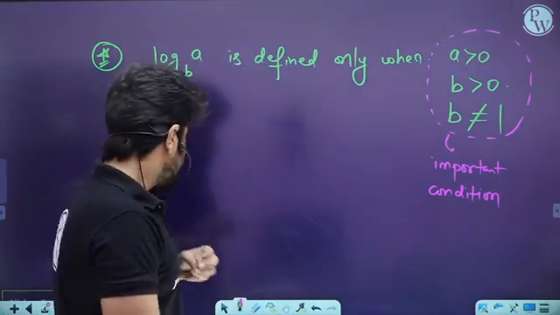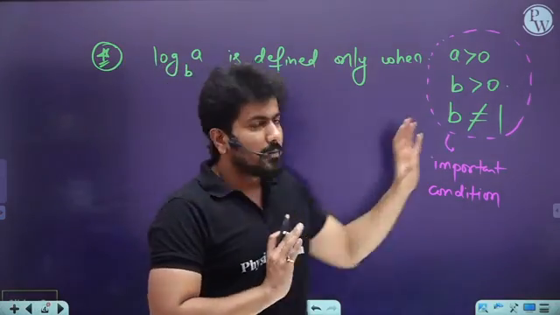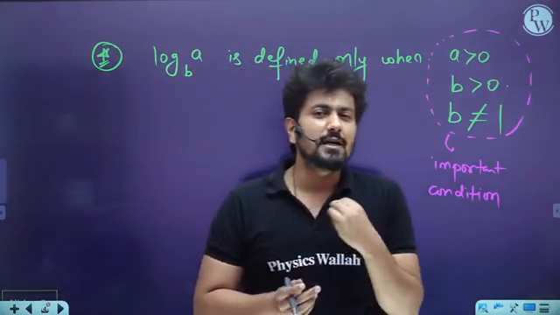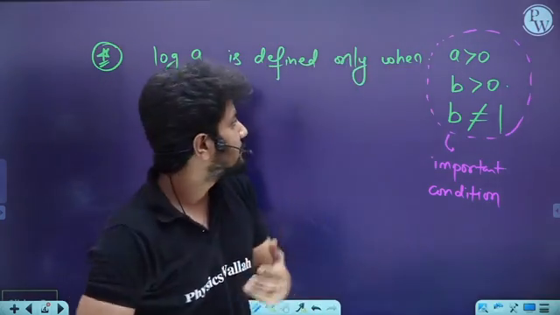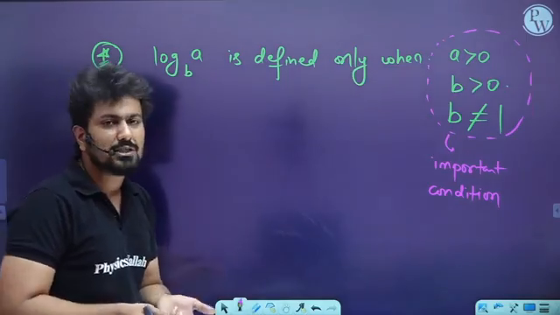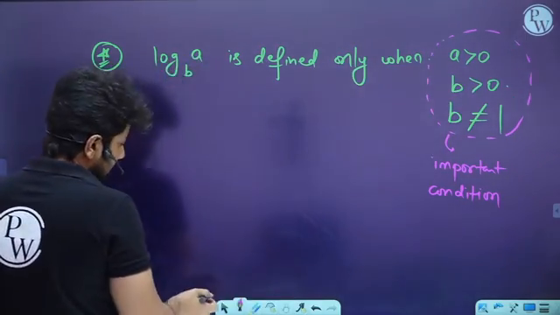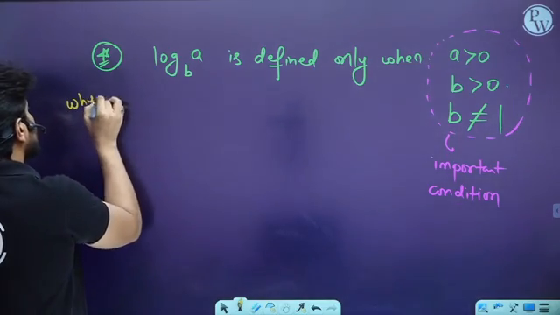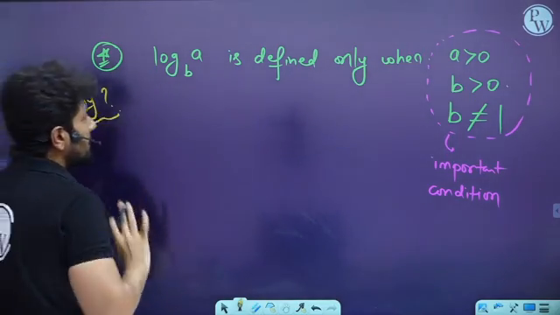First of all, you need to remember these conditions. Then I will give you a hint why it happens: why A should be greater than 0, why B should be greater than 0, why B should not be equal to 1. Don't go too much into these whys.